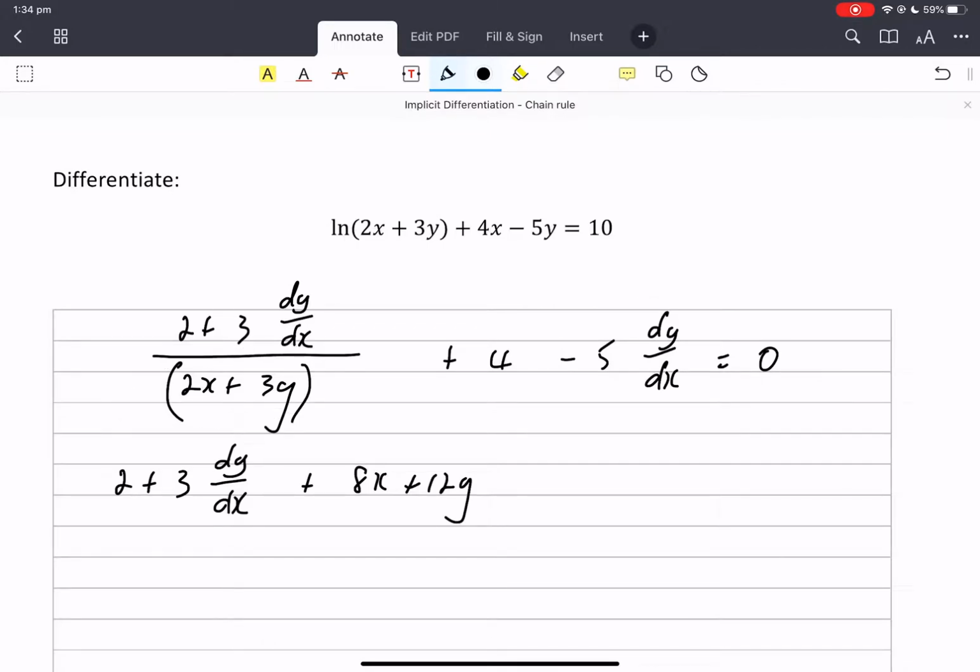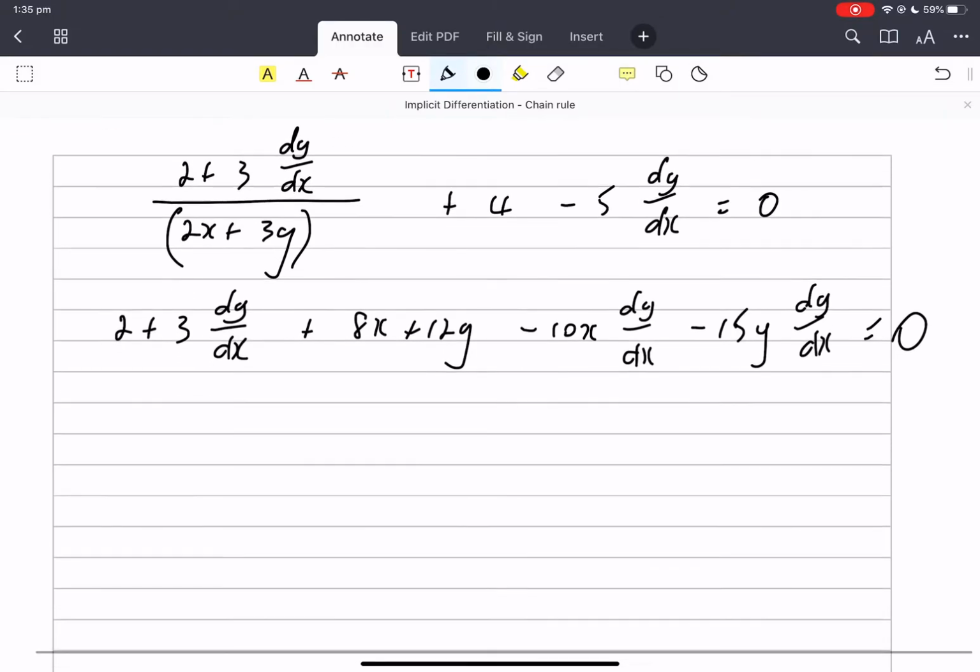So minus 10x minus 15y, and then times 0 is 0. So that's flushed out everything onto one line without any brackets.